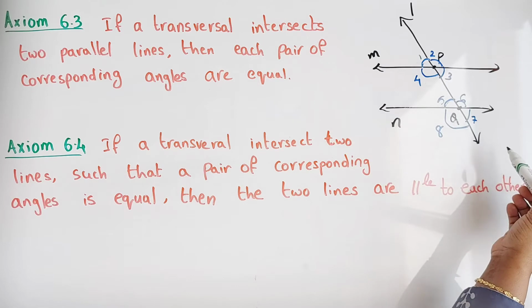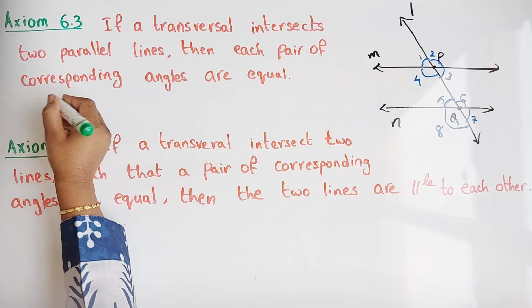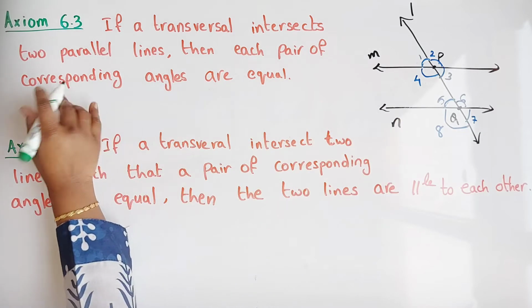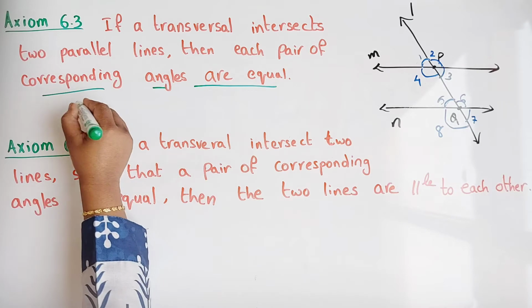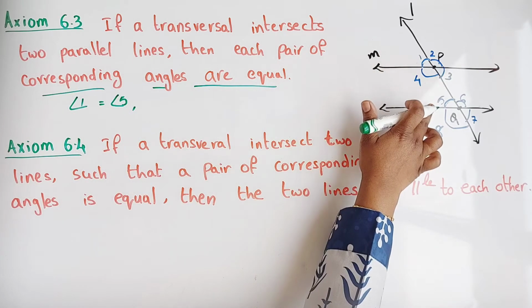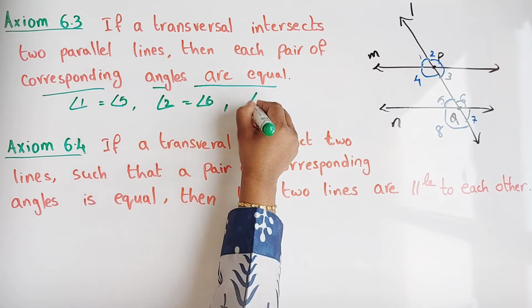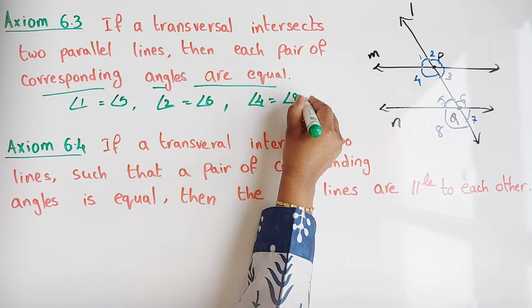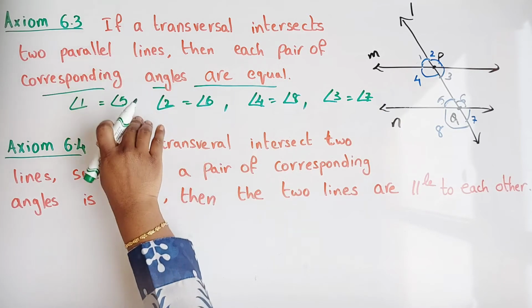So angle 1 equals angle 5, angle 2 equals angle 6, angle 4 equals angle 8, angle 3 equals angle 7, as per this statement.